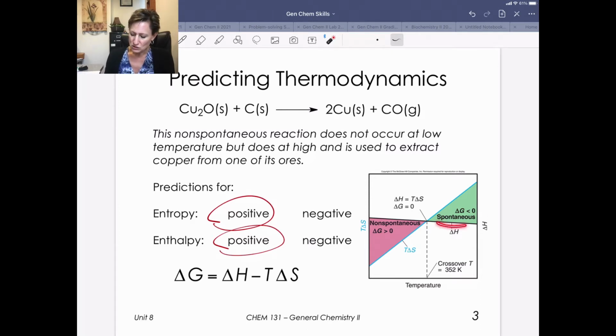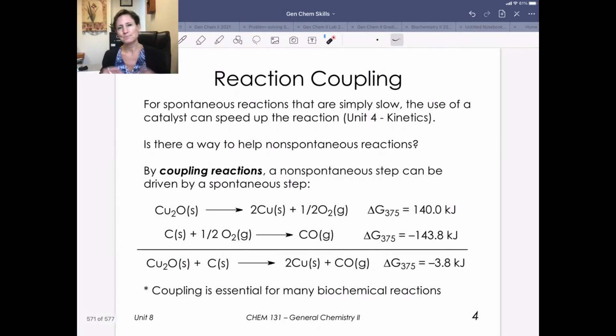But as we get to higher temperatures, we allow this part of this term to become dominating, and it's going to be able to compensate for our unfavorable positive enthalpy, and will allow us to then switch to delta G being negative. So to find where this pivot point is, they call it a crossover temperature here, we can set this equal to 0 and then solve for T. So that's how you're going to do problems like that.